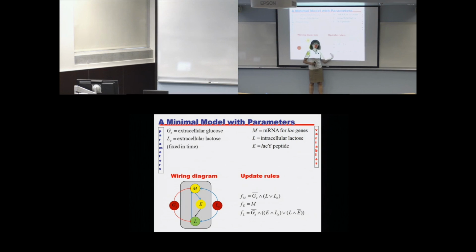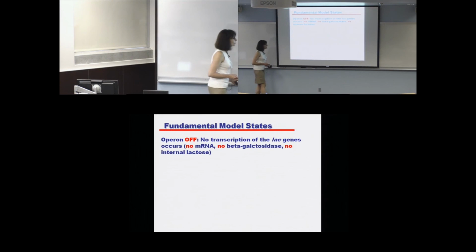So if I have those together, that will make sure lactose gets into the cell. Or I want to have internal lactose, which is not broken down into glucose and galactose by the enzyme. And whether this will work or not, now I can guarantee that those are coded correctly.